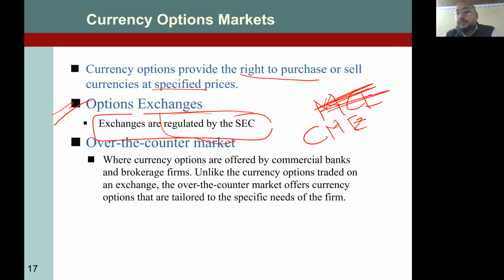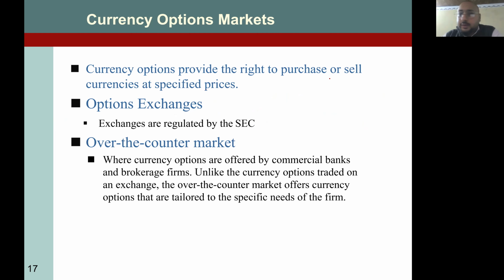Whereas the options, if they are on exchange, are regulated by SEC, which is also responsible to oversee the stocks and bonds in the market. Okay, that is just a small difference, and of course differs from country to country. So I'm not going into this detail. Every country has its own regulations about which institution is regulating which currency derivative.